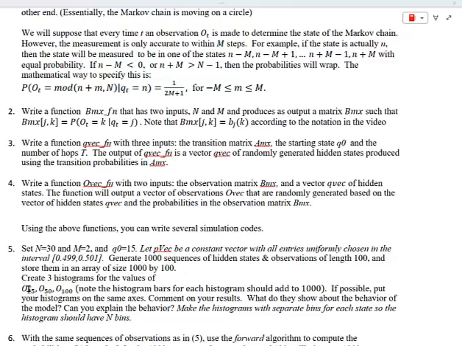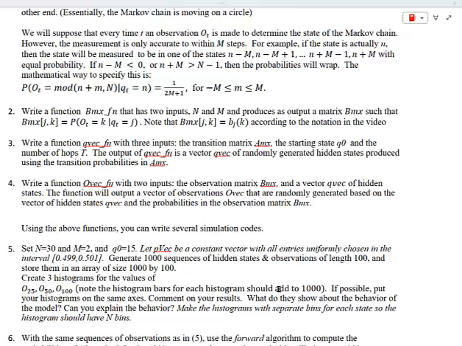O25 is the observation vector after 25 steps. So in fact, that's going to be the 25th column of this matrix, right? Because O25 is the observation at the 25th step, O50 and O100, right?